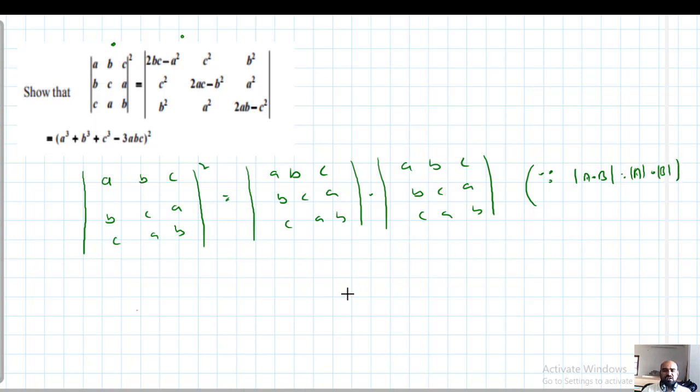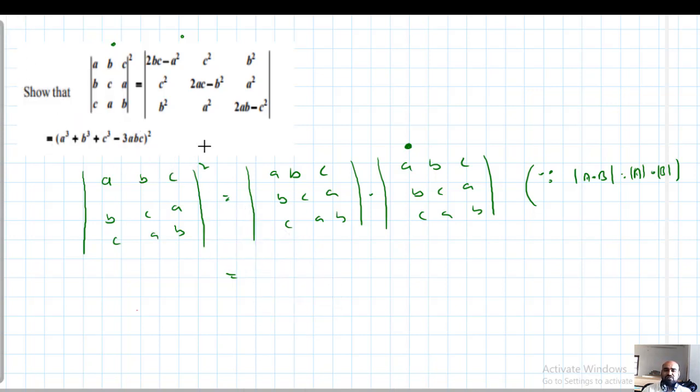So these are 3 by 3 order. That's why I can write. So now I am applying some operations on the second one. The first one as it is, I don't want to write again. For the second one I am doing some operations.